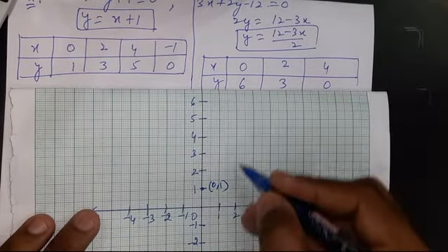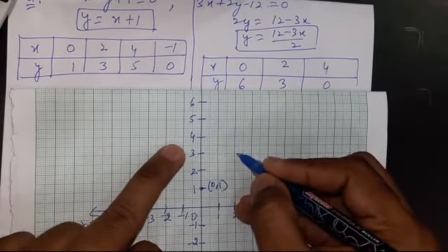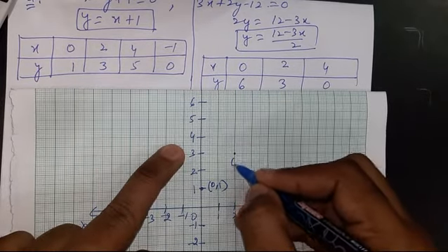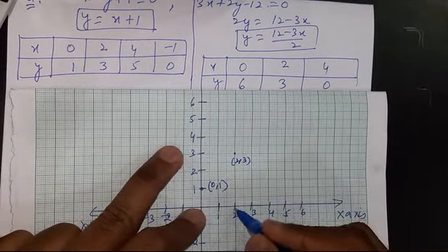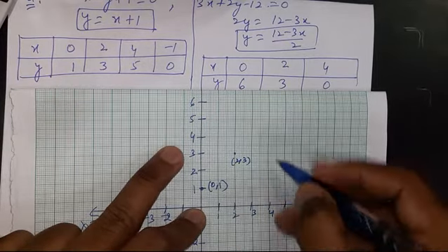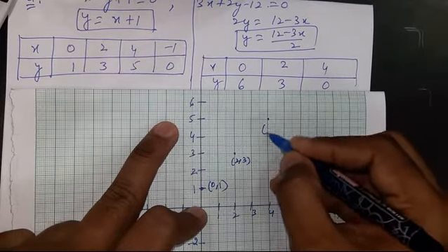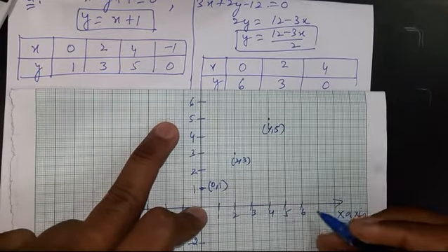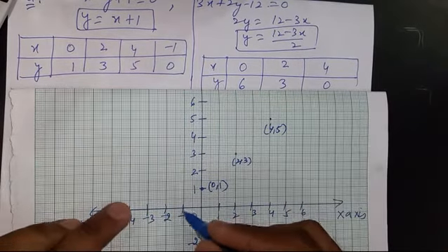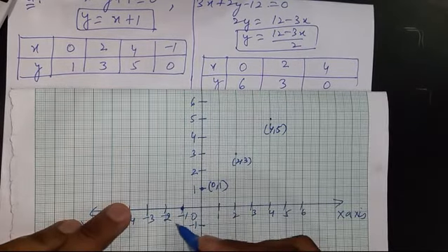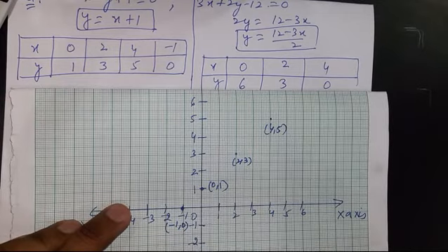So 2 is here and 3, this is 2 and 3. Take 2 of x-axis and 3 of y-axis. 4 and 5, similarly 4 and 5 here. Minus 1 and 0 means this is the point here.